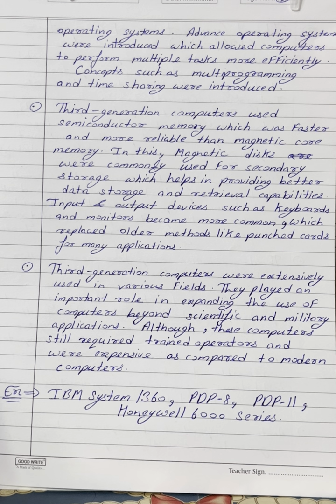Remember, in first generation computers. These third generation computers occupied much less space. This made installation easier and allowed more organizations to adopt technology, and this smaller size also improved the overall efficiency of the systems.